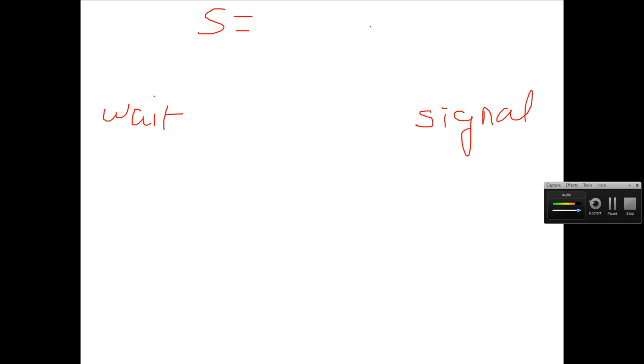For example, let us say there are two threads T1 and T2, and there is a critical section. Both threads want to go to the critical section, but we don't want them to go together because it would result in a race condition. So we want to control that using semaphore.